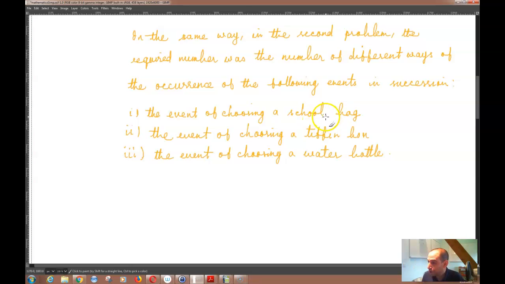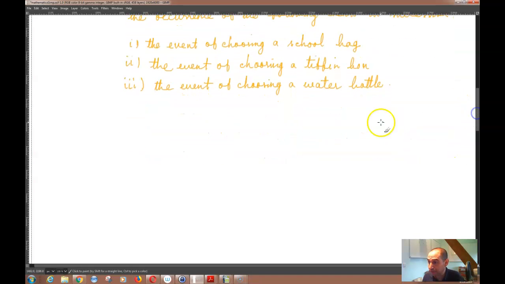So here in both the cases, the events in each problem could occur in various possible orders. This sentence is important.